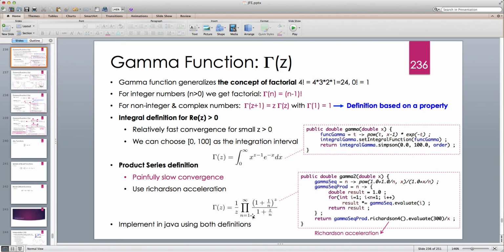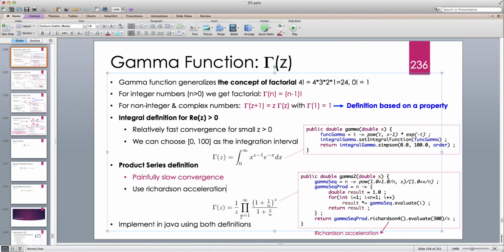Typically when we say series, it's a summation of some terms, but here it is actually a multiplication, and naturally we expect the multiplication to happen, because even if you look at the integer numbers, it's some sort of multiplication of some numbers, right? So it's very natural to accept the fact that the gamma function is a multiplication of some numbers, right? So this goes from 1 to infinity.